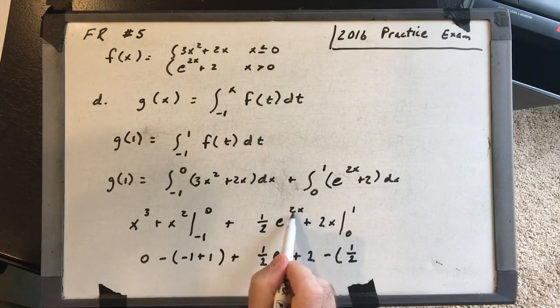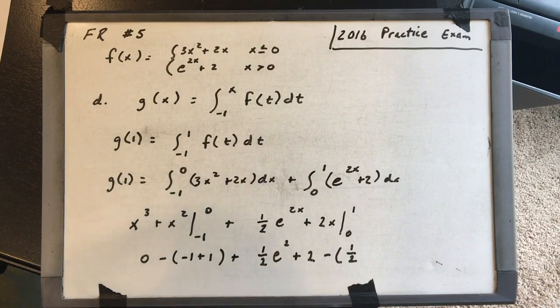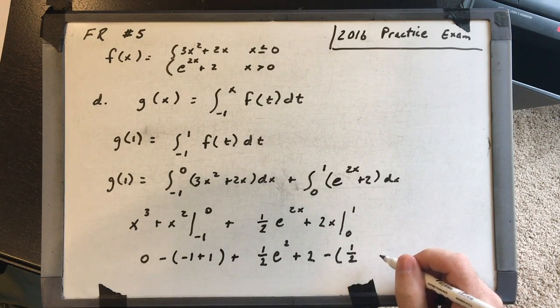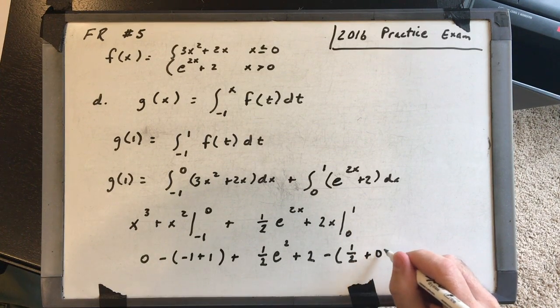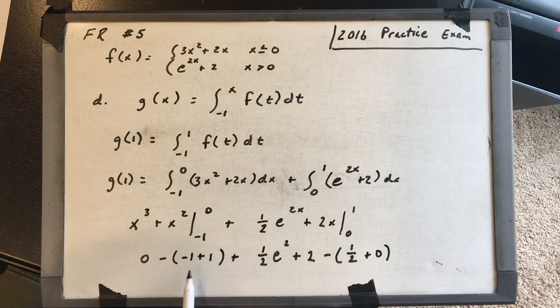E to the 0 is just 1, right? So it'd be minus 1/2. And then plus 0. So that -1 plus 1 is 0, so that whole part goes away.